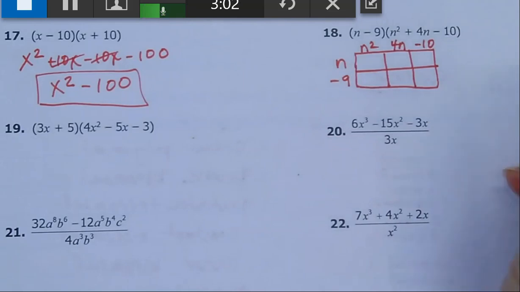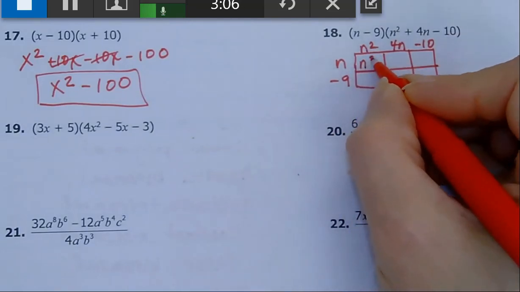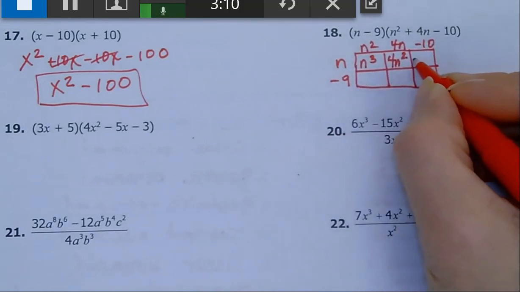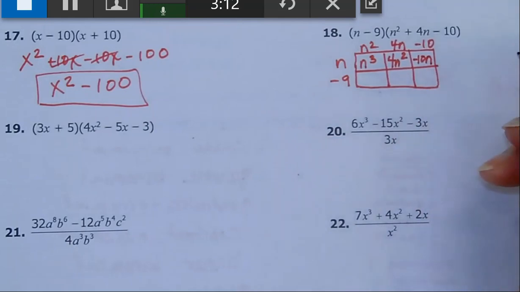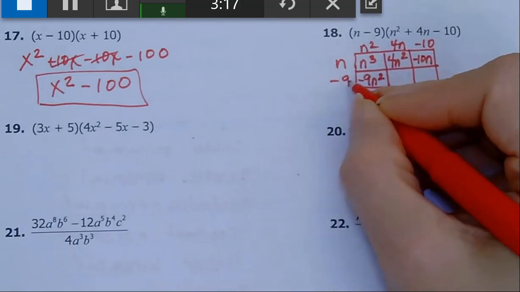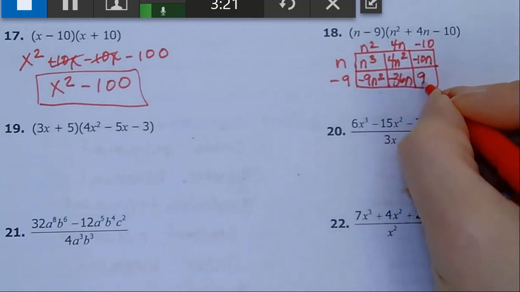And remember, we're going to multiply, and anything inside the grid is our answer. n times n squared is n cubed. n times 4n is 4n squared. n times negative 10 is negative 10n. Negative 9 times n squared is negative 9n squared. Negative 36n here, and then positive 90.